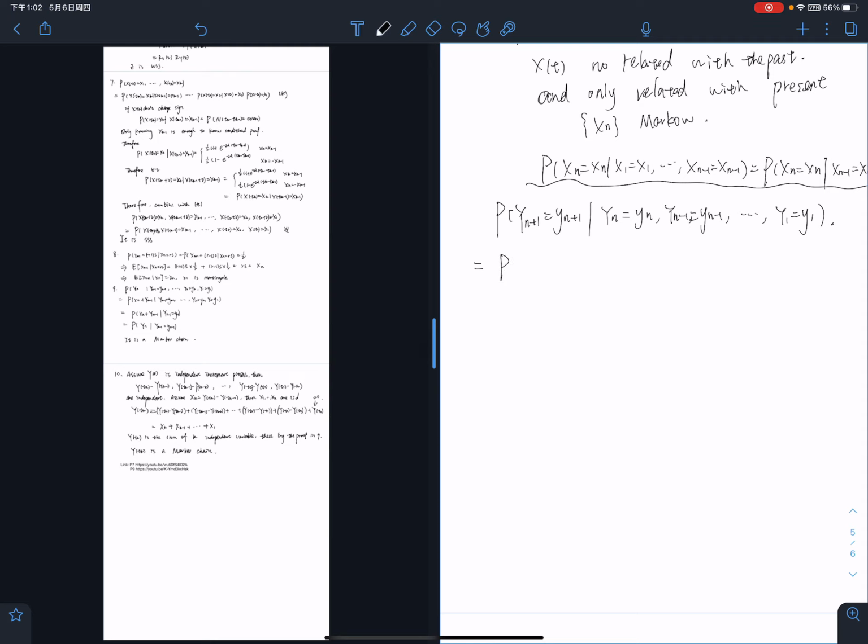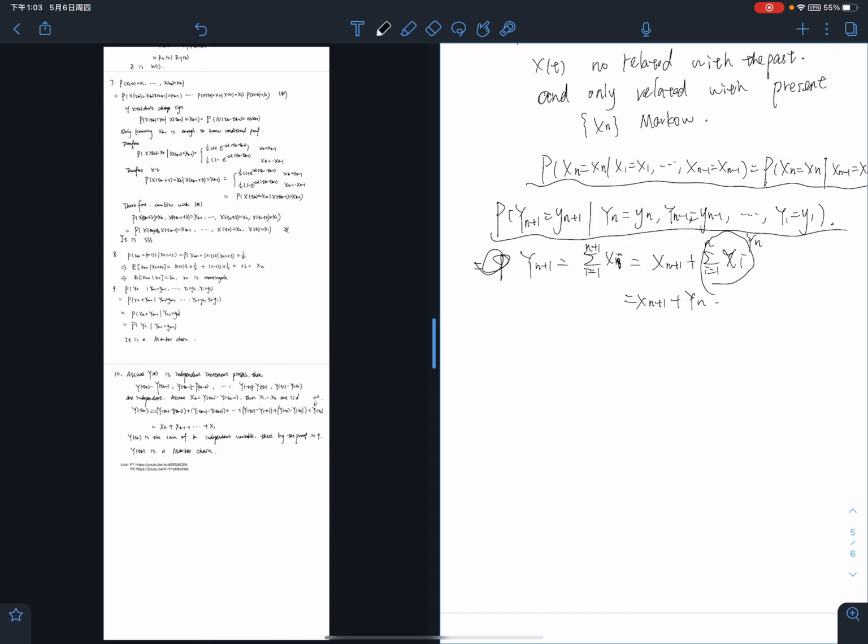Because Yn+1 is the sum of X1 to Xn+1, it can be written as Xn+1 plus the sum of i equals 1 to n of Xi. So this is Yn, and then it can be written as Xn+1 plus Yn.